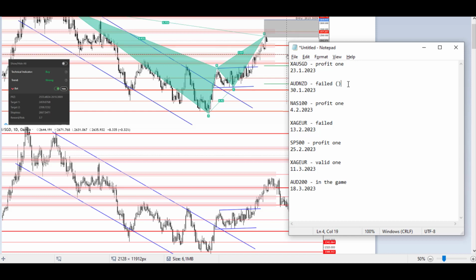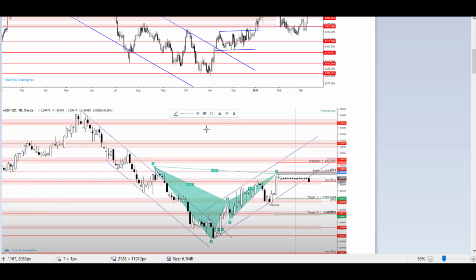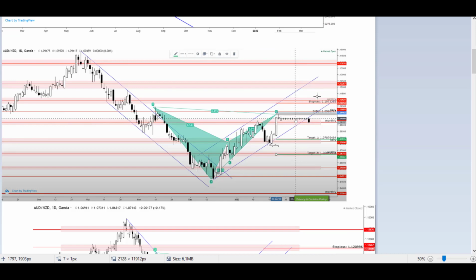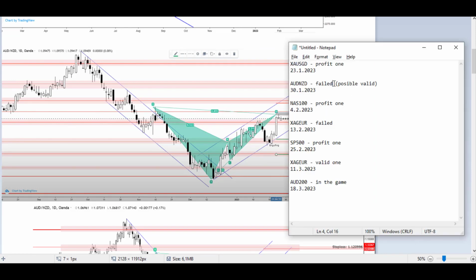Okay, this one, possible, valid. I mentioned that if you had moved the stop loss above, this one would be a valid one. But let's see, it is failed. So we have 2 of them failed, 2 of them valid.